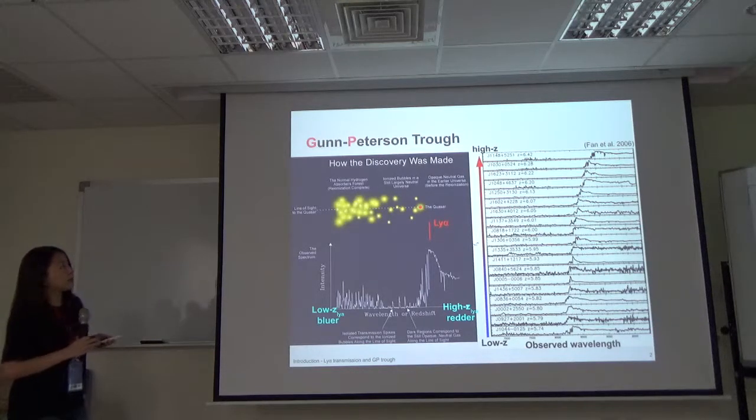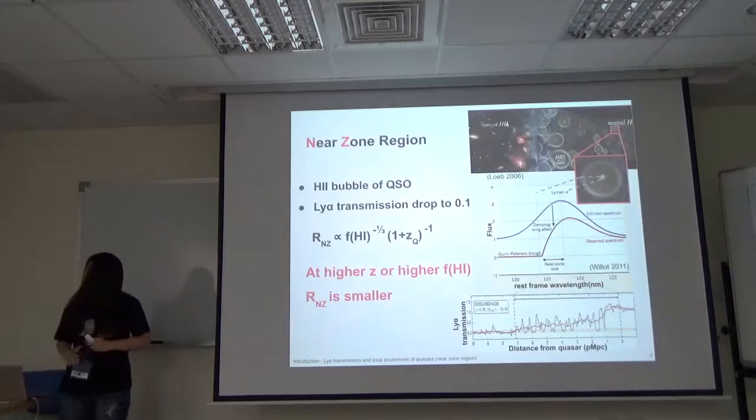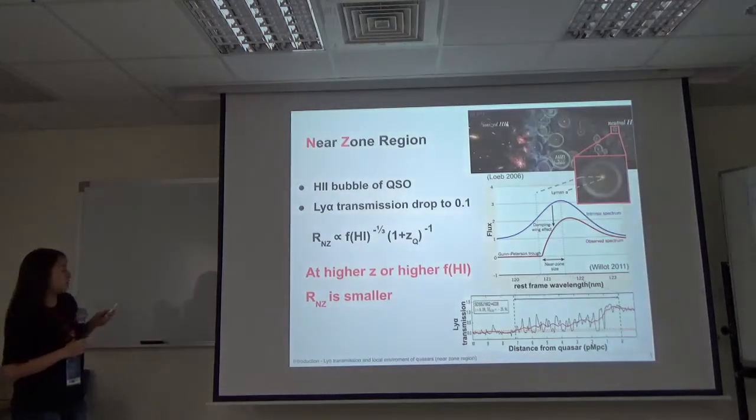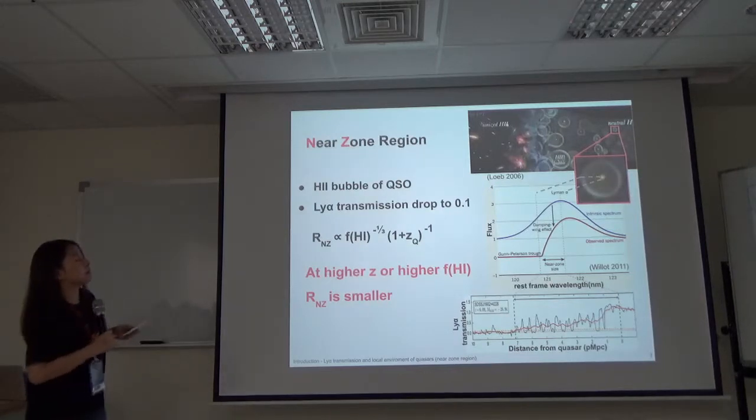But not only this Gunn-Peterson trough can provide us the information of the reionization, but also the near zone, the region around the Lyman-alpha emission line. This is also called the HII bubble, the ionized bubble, and we're studying this.